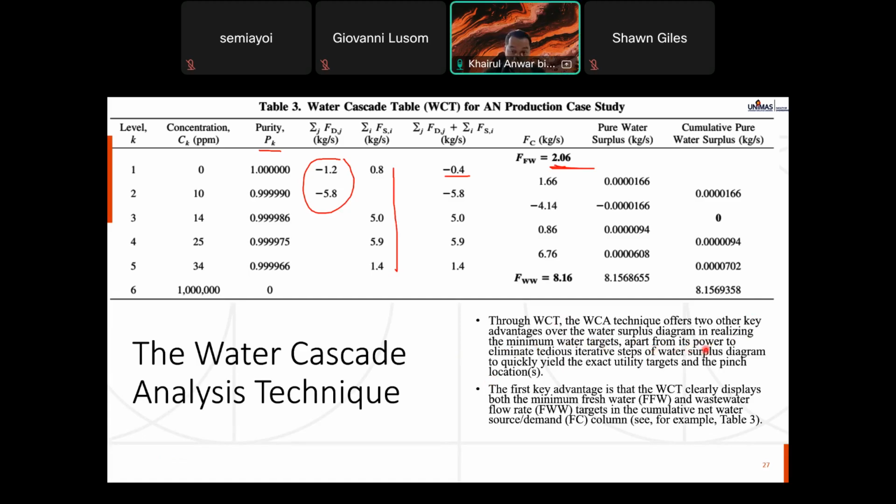Apart from it, it eliminates tedious administrative steps, as the surplus diagram typically yields the exact productivity target in the pinch notation.